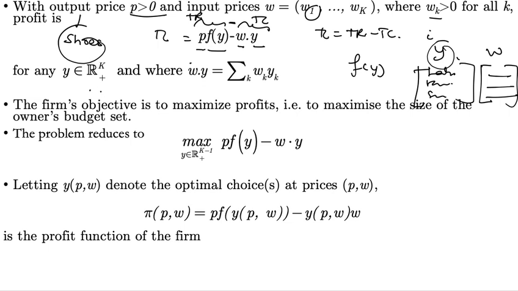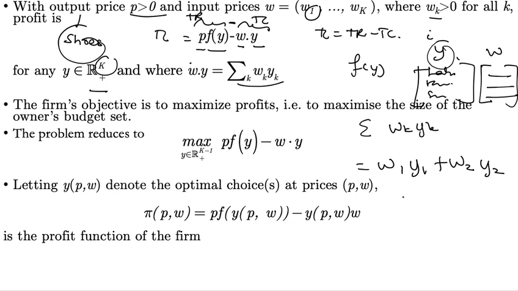All right, this is positive input up to K number of inputs, and w times y is actually the summation of the total cost for each of the inputs. Okay, so you see w_k y_k. If you have the summation of w_k y_k, that means it is actually the price of input 1 multiplied by how many of input 1, plus the price of input 2 multiplied by how many of input 2.